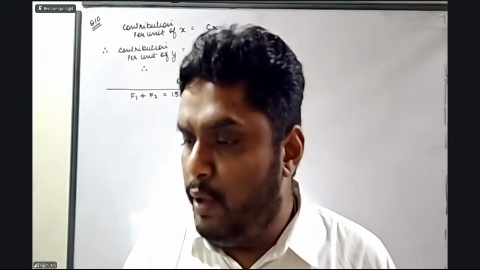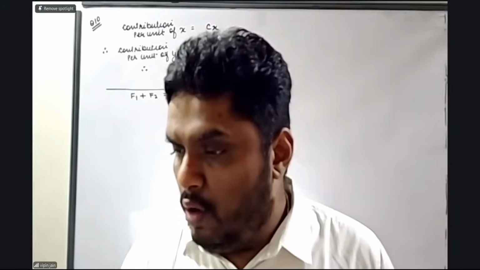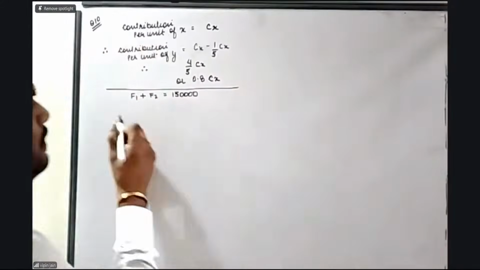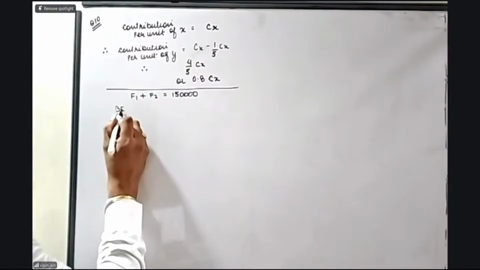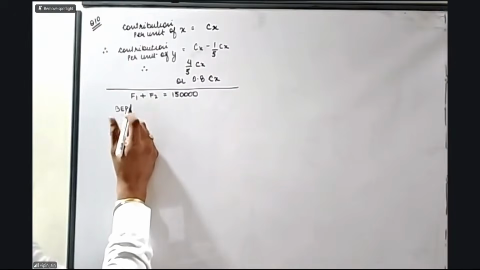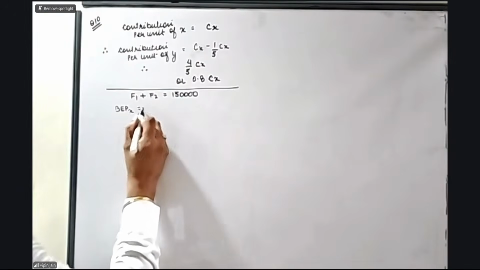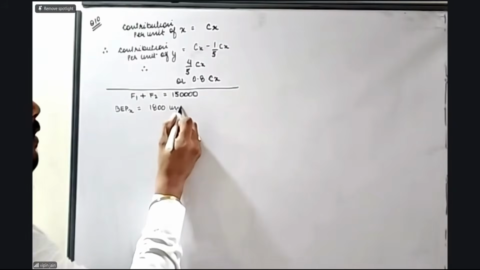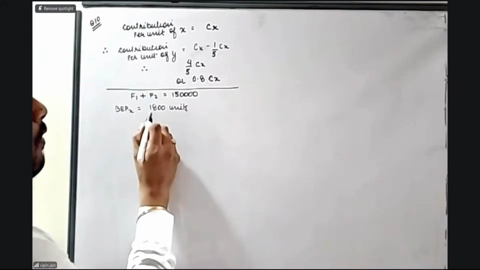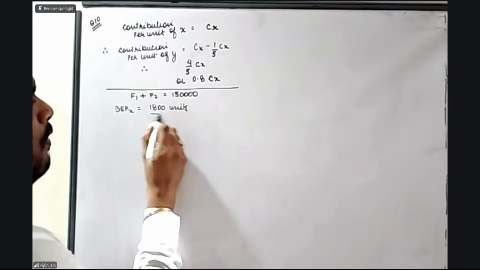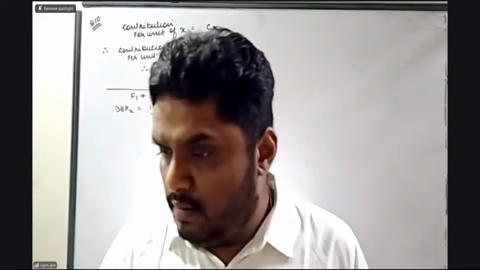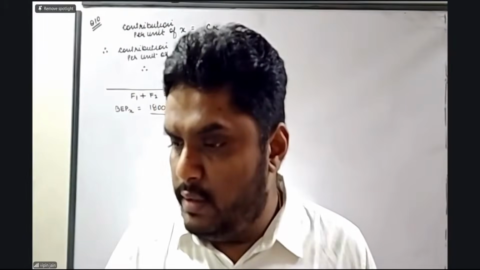For break-even point of X, F2 is not considered. So break-even point of X is 1800 units.